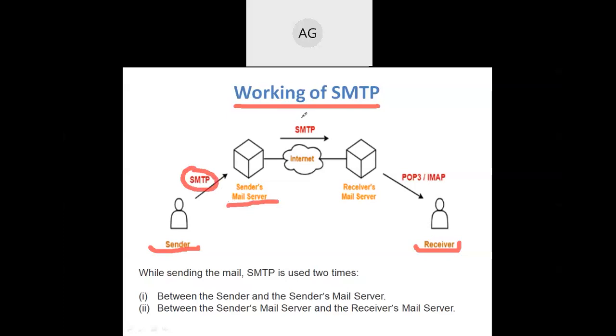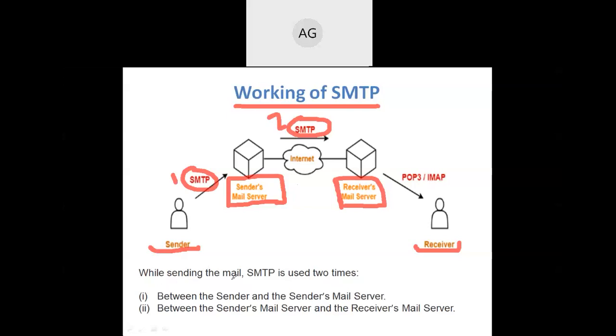And you can also find another SMTP protocol, between the sender's mail server and the receiver mail server, which is connected through the internet connection. So basically, we have SMTP protocol functioning at two places. First, between the sender and the sender's mail server, and second, between the sender's mail server and the receiver's mail server.